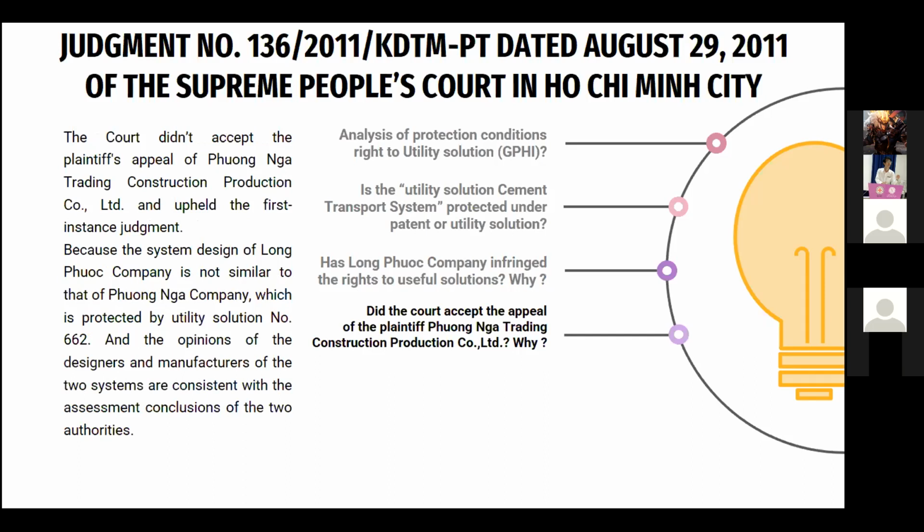The court upheld the first standard judgment because the system design of the Food Company is not similar to the Phương Nga Company, which was then tested by the intelligent solution, and the assessment of the collusion of the two authorities.